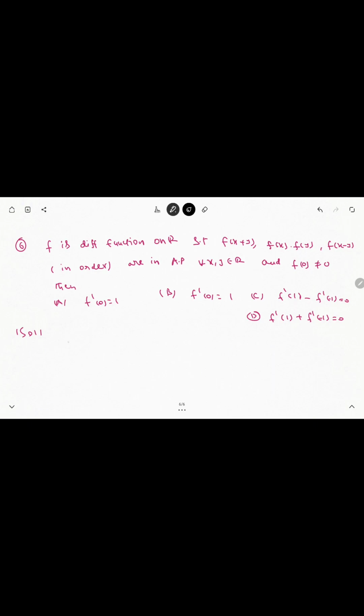So apply the AP condition. We are getting 2 into f of x into f of y is equal to f of x plus y plus f of x minus y. Correct or not? 2b is equal to a plus c. So it is a functional equation and also differentiable. First of all, let us substitute x equal to 0 and y equal to 0.